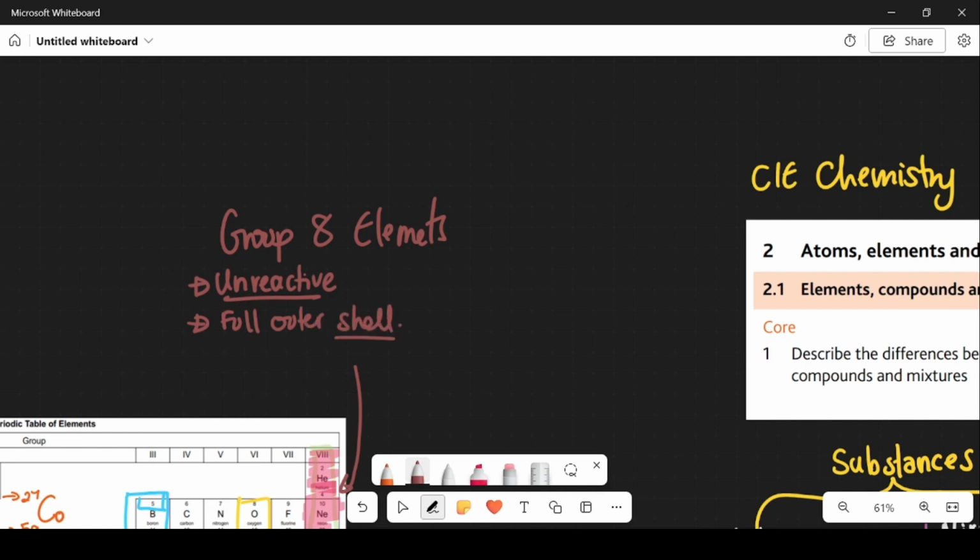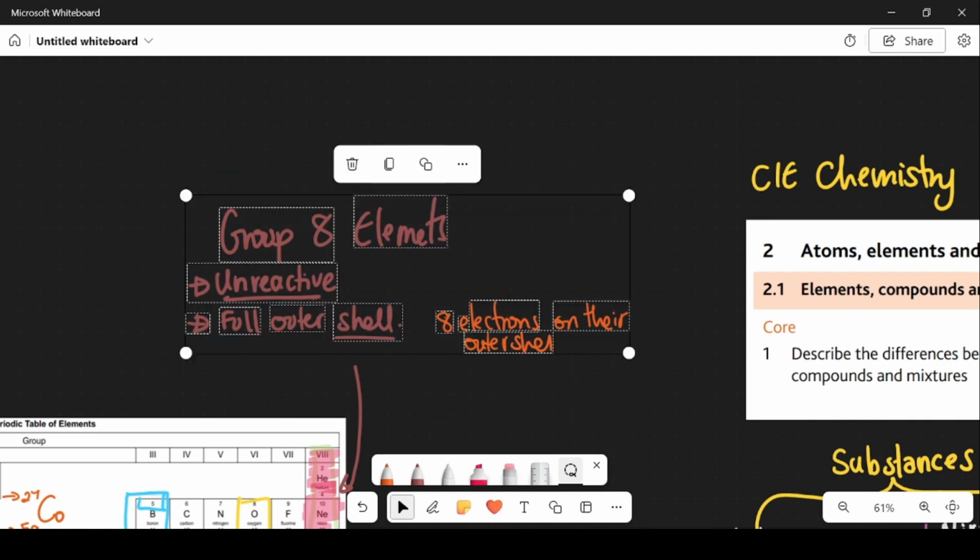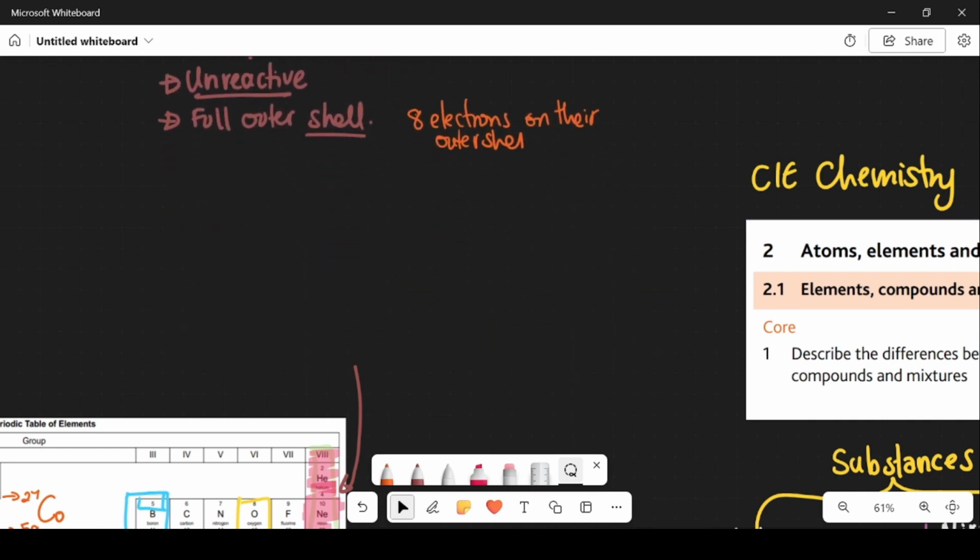Alright? Now, we did see that to have a full outer shell, you need to have 8 electrons on the outer shell. Let me just move this a bit up so I have space.